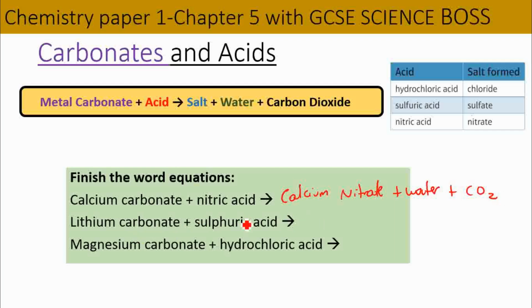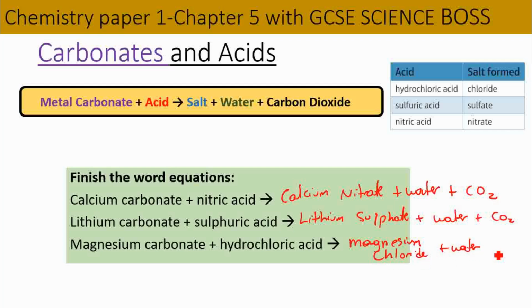Okay, so if I have lithium carbonate here with sulfuric acid, it's going to form lithium sulfate plus water plus carbon dioxide. And if I have magnesium carbonate and hydrochloric acid, it will form magnesium chloride, apologies, water, and carbon dioxide.